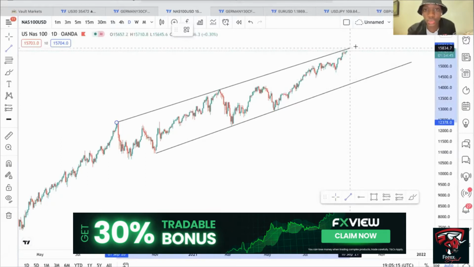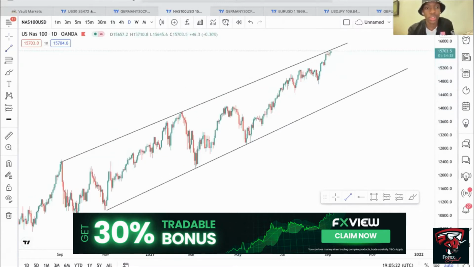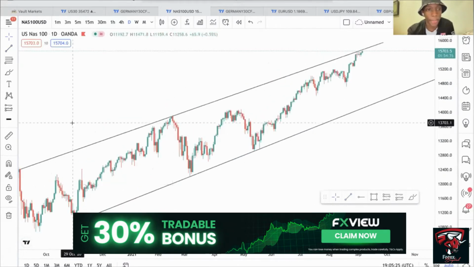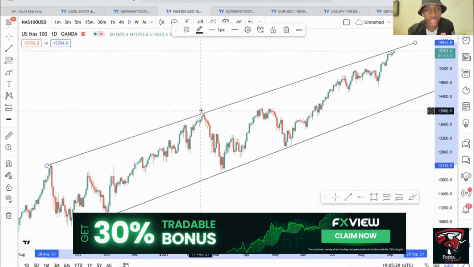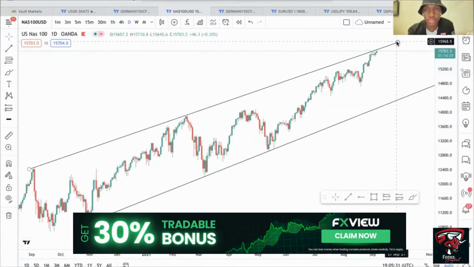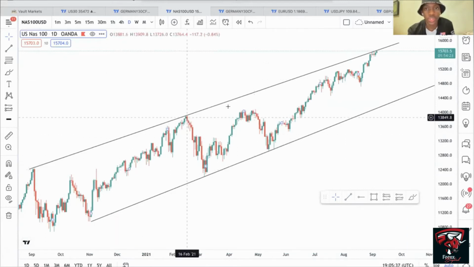So NAS has been sitting on the third touch for a very long time, and this thing is supposed to drop. The reason I say that is because, look, guys, first touch, second touch.